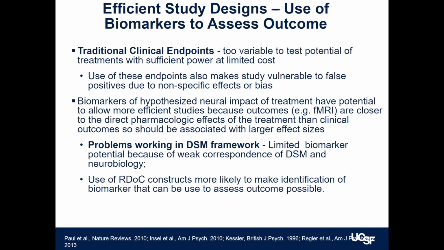There's often incentives for showing effects, and if you have a couple of sites and they have a lot more people on drug than placebo, that bias can change. And you have one investigator, let's say, who has a huge bias, and that can lead to a false positive.